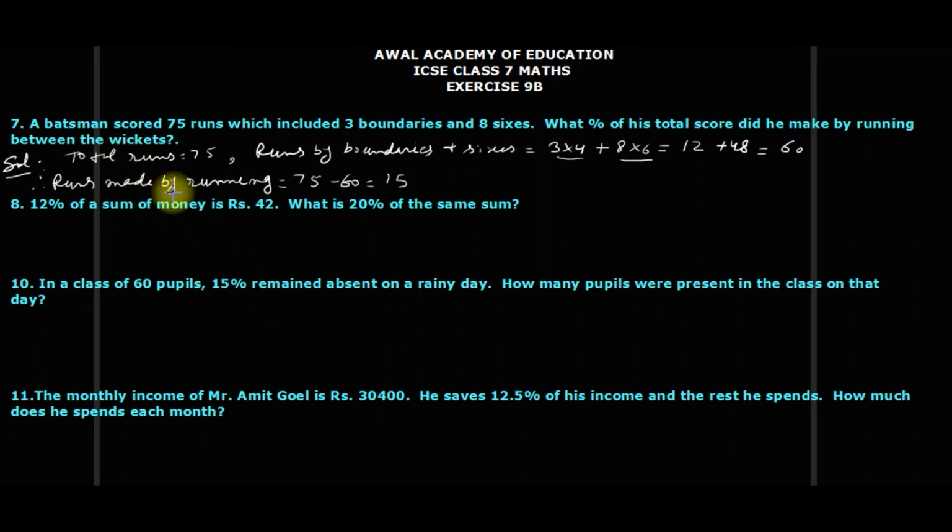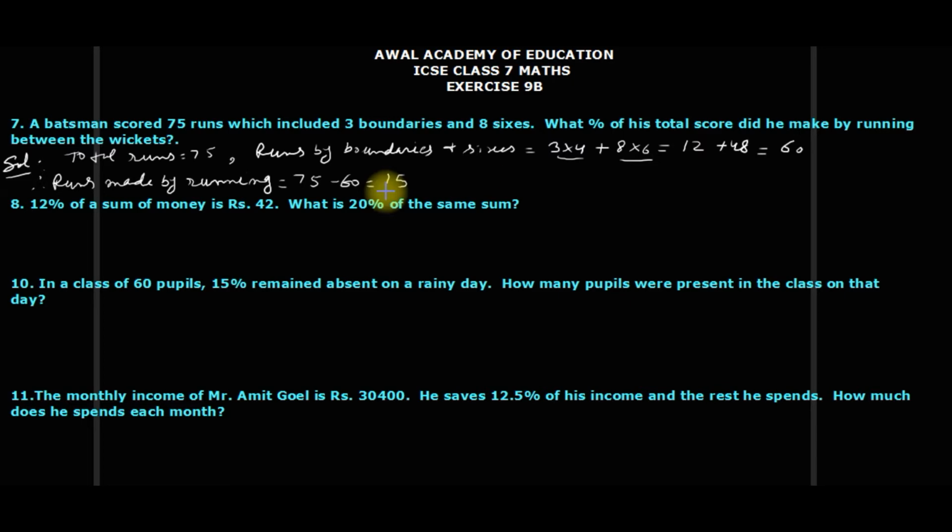So students, runs made by running will be total 75. Total runs 75. 60 runs are made with boundaries and sixes. So the runs made by running between the wickets would be 15.